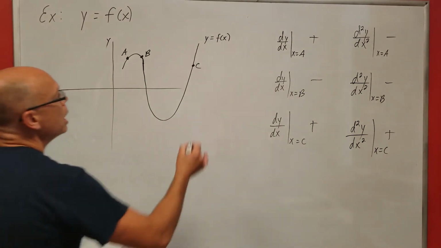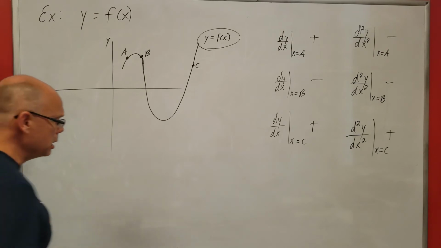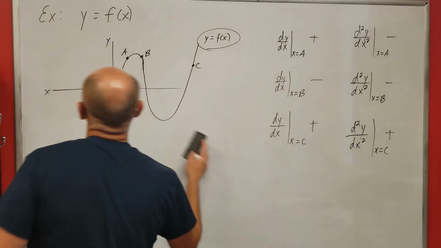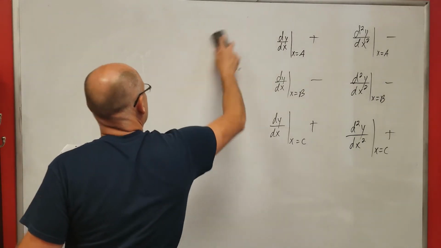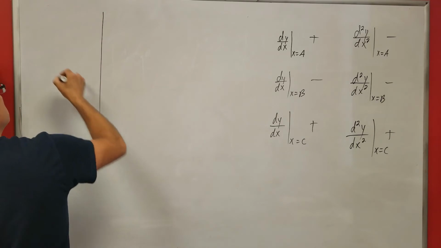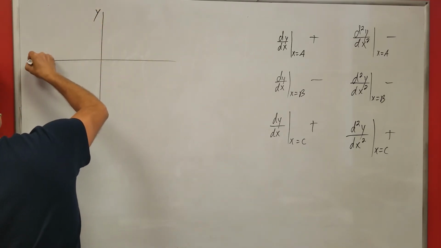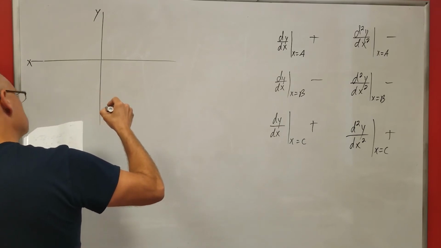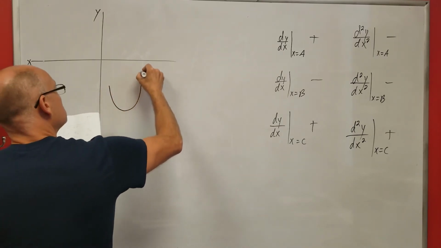Keep in mind what we had here, y is equal to f of x. Keep that in mind, and we're going to work this second example. The second example looks a whole lot like the first one, where we have an x-axis and a y-axis. This time we're going to have a graph that looks something like this.